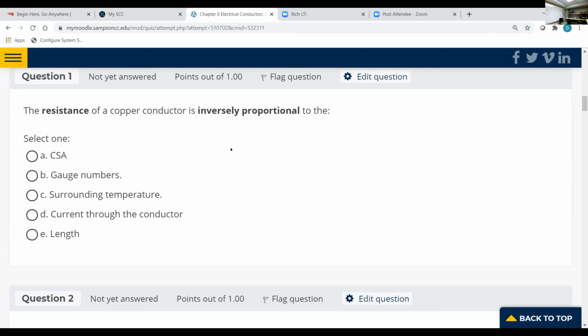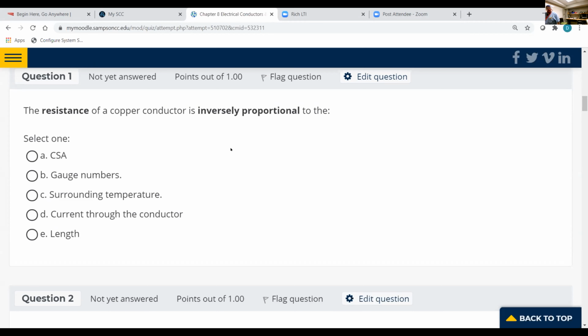The size of the wire would actually be which one of these? Not the gauge number, but the real physical size of the wire. Yes, sir, the cross-sectional area. The cross-sectional area is really what you meant to say.